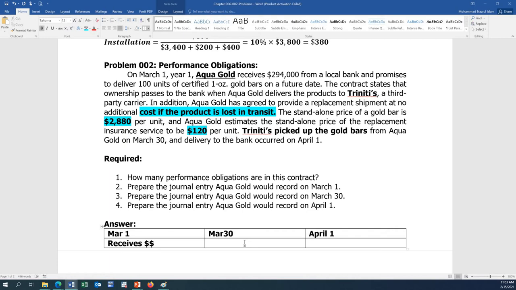So that is delivery, and on April 1st, insurance is done.